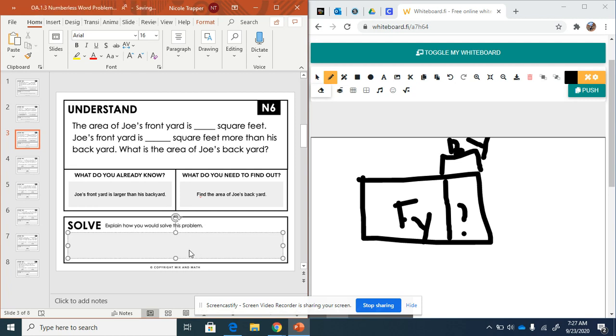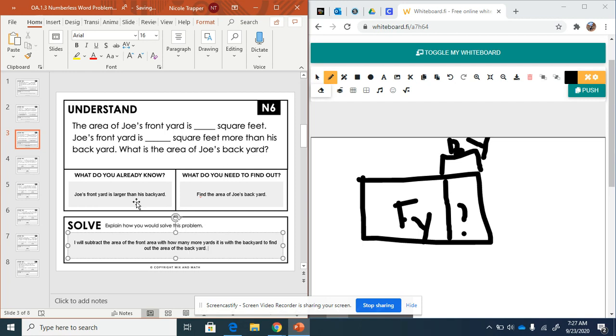So to find out the answer to this problem, I will subtract the area of the front yard with how many more yards it is than the backyard to find out the area of the backyard.